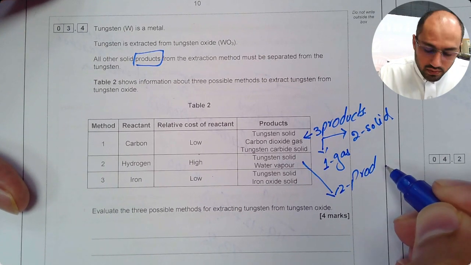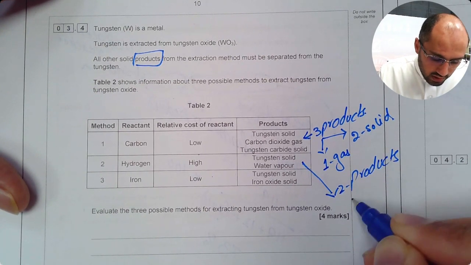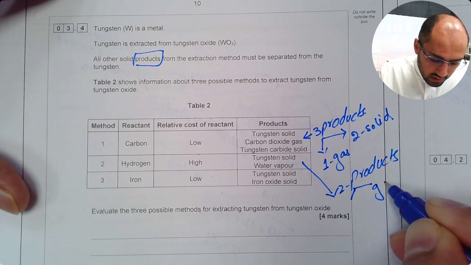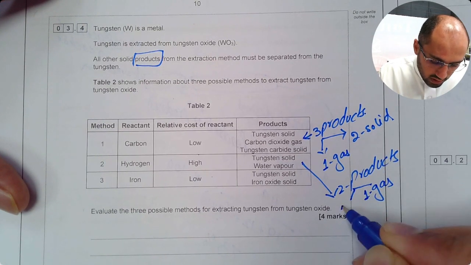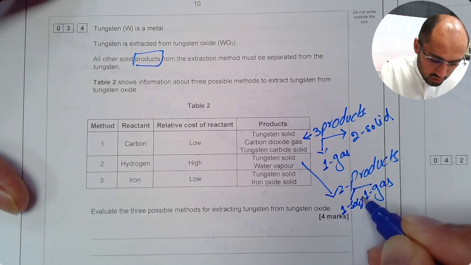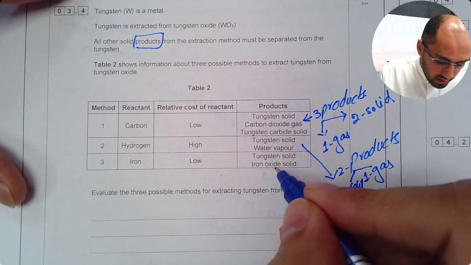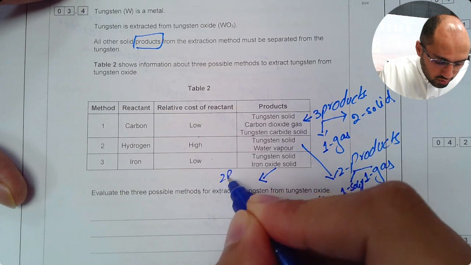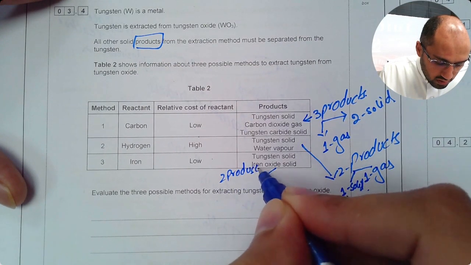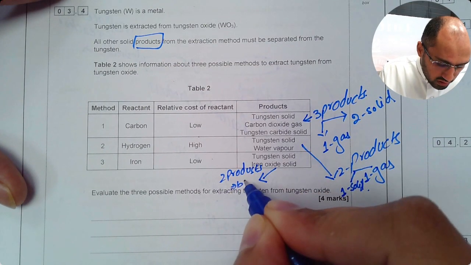In the next case, we've got two products, and out of these two products, one is gas and one is solid. So no separation of the products needs to be carried out. In this case, again, I have two products and both are solids.